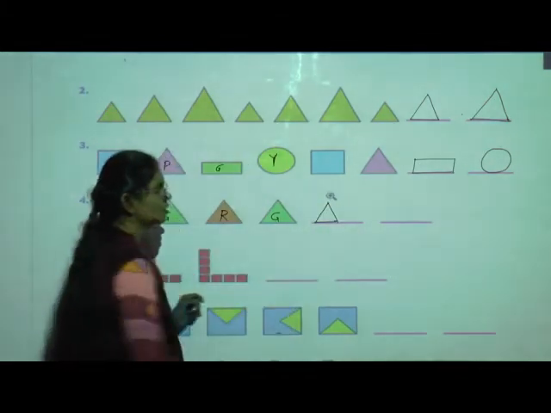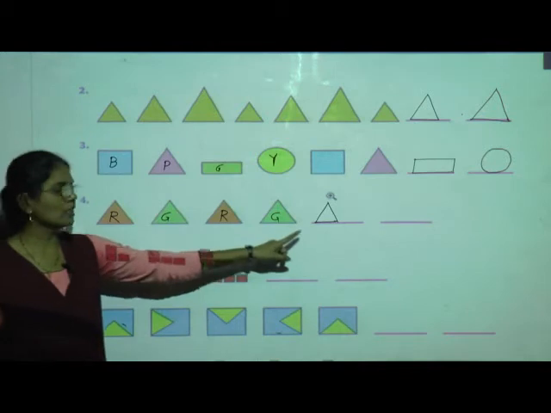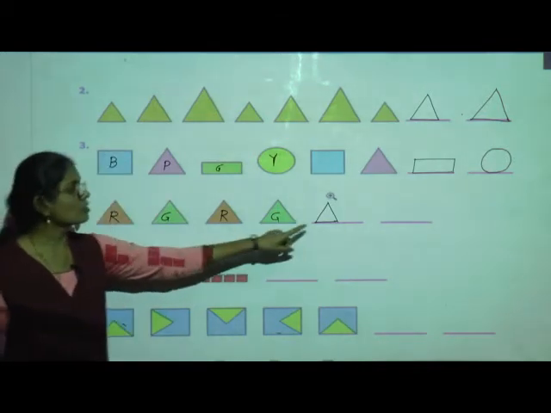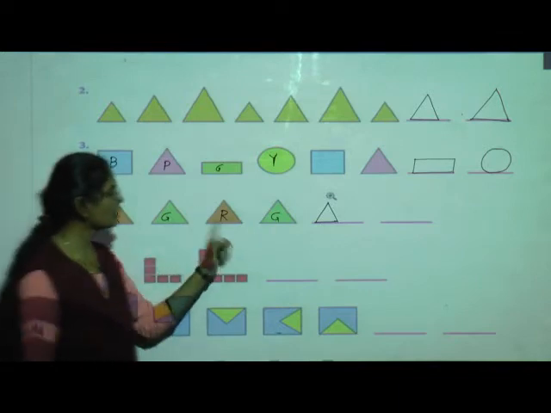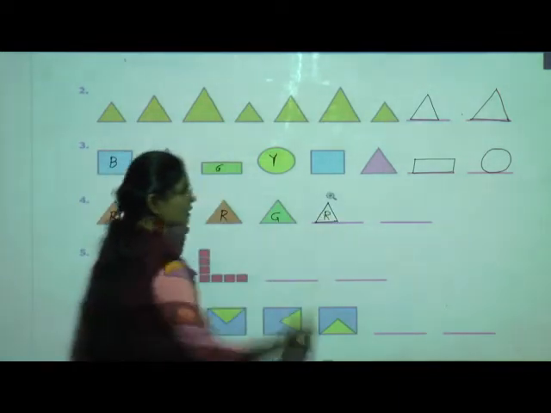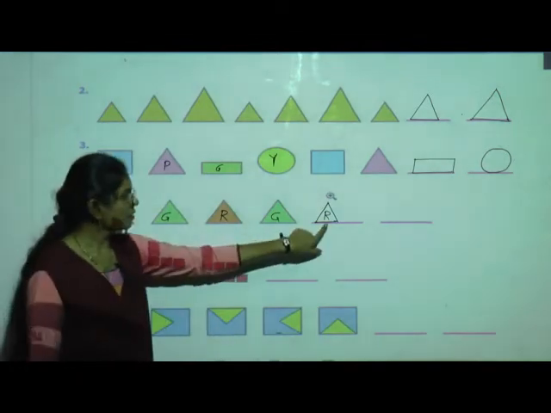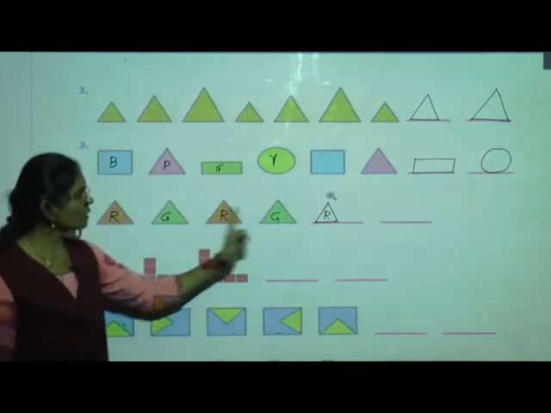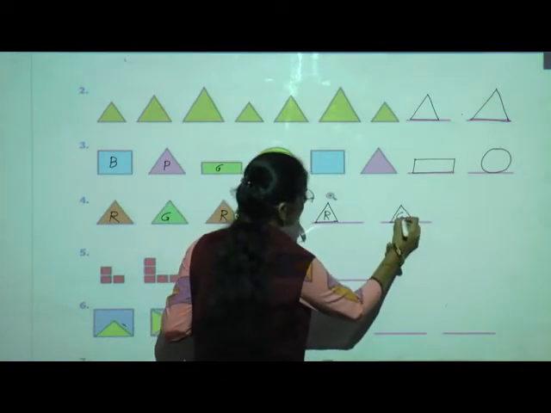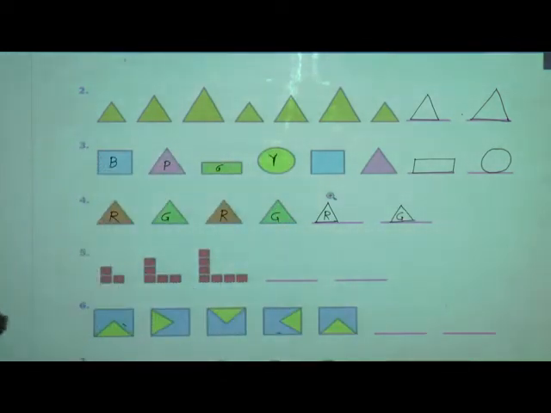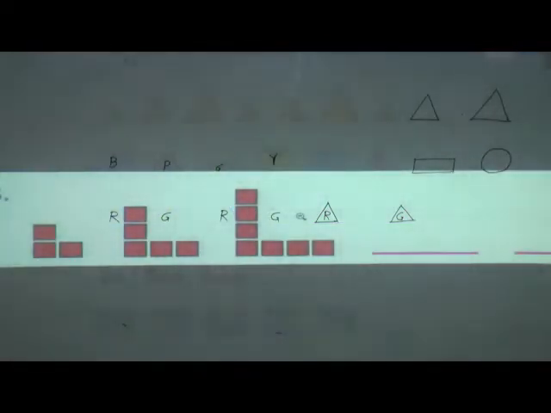Yes, everywhere triangle will come, but only we have to change the color. Which color will you give here? Yes, which color? After green, which color is that? Red. So I'll write here R, you give the color red. Then after red, again one more triangle you have to draw and give the color green.